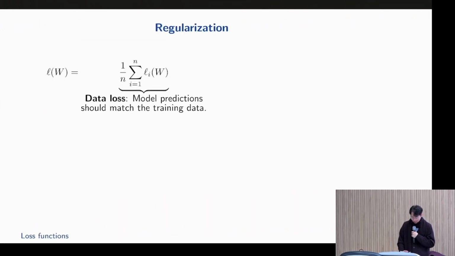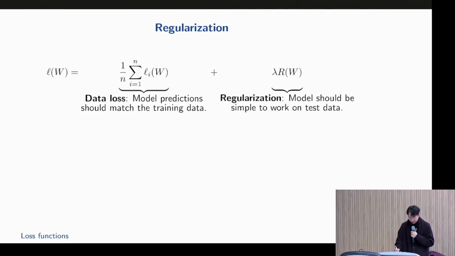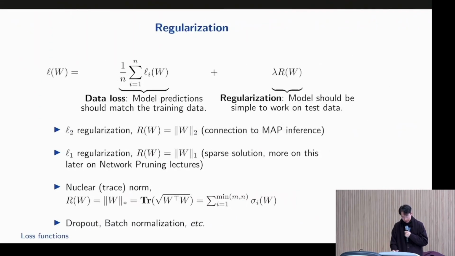So we talked about data loss: multi-class hinge loss and logistic loss. And we're going to add some hyperparameter times regularization so that we can generalize better to previously unseen data. There are many different ways to regularize a model, and they're all connected to statistical learning theory.